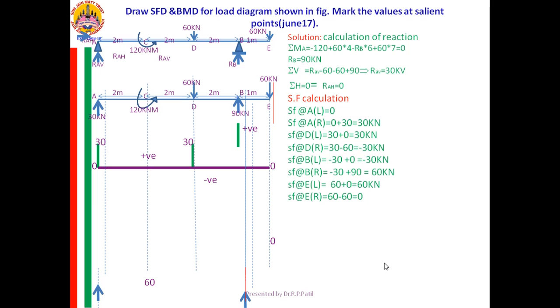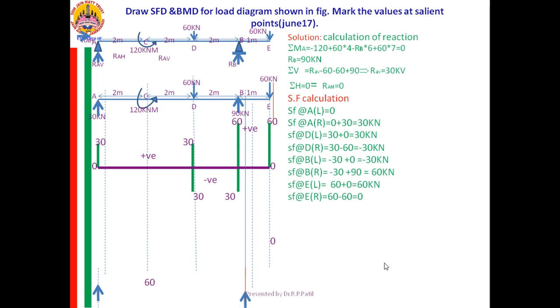Then SF at D right is minus 30, erect an ordinate of minus 30 there. SF at B left is minus 30, erect an ordinate of minus 30 there. SF at B right is plus 60, erect an ordinate of plus 60 there. SF at E left is plus 60, erect an ordinate of plus 60 there.